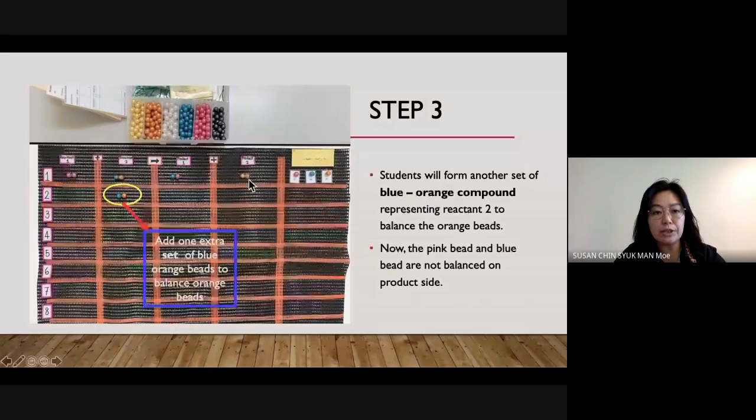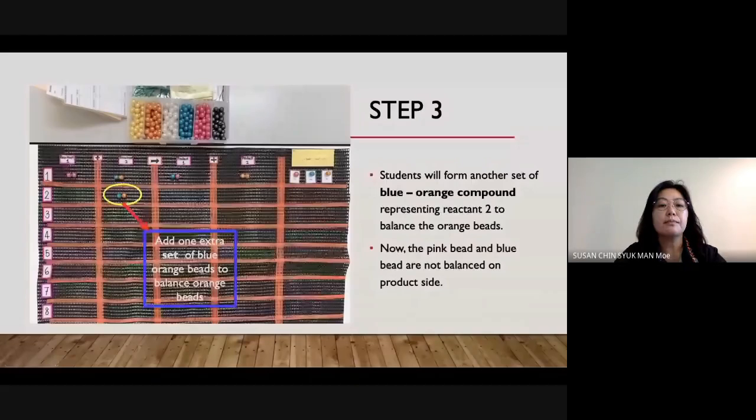So the second compound that we add like this is going to cause the orange color to become balanced. 2 orange in the reactants and 2 orange in the product. But there are still some other color bits which are not balanced yet. Never mind. We proceed on.